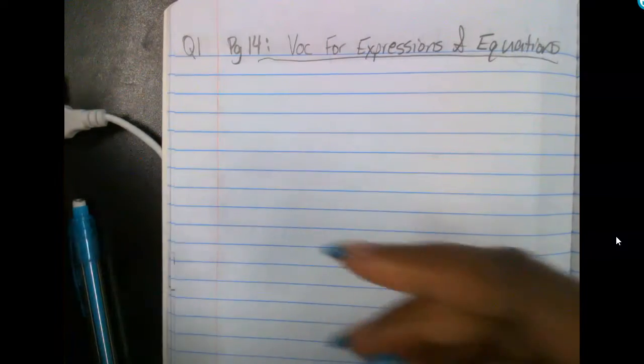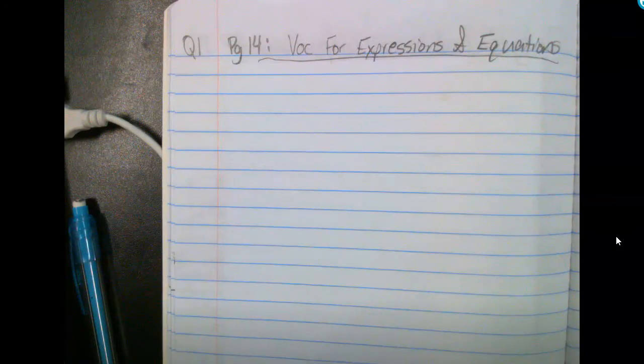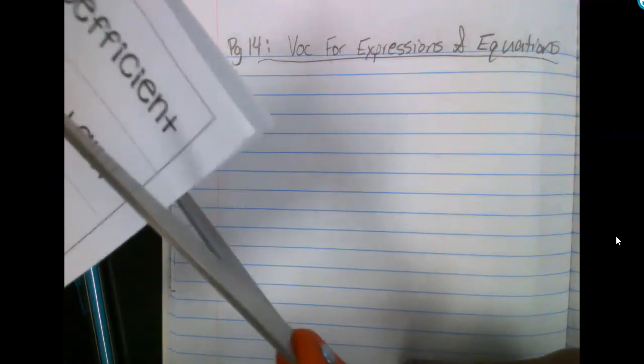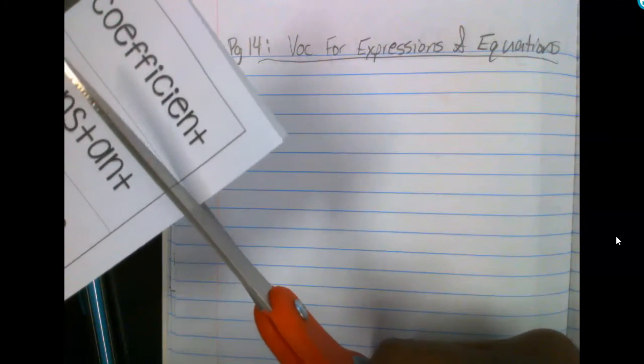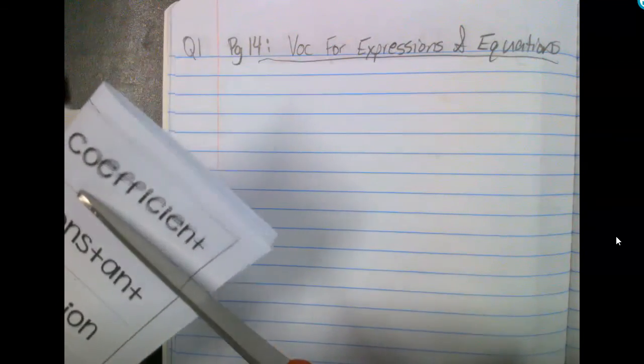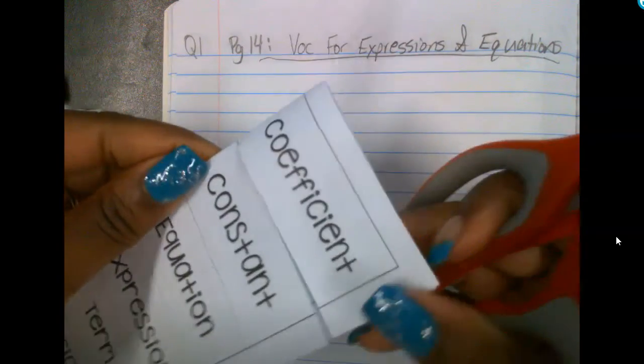All right, so I can actually cut off this extra part right here if I wanted to. I don't have to, but I could. Now I'm going to cut these little slits right here so that I can fold and open them. So cut all the way to the line. Make sure that you're not cutting this part.